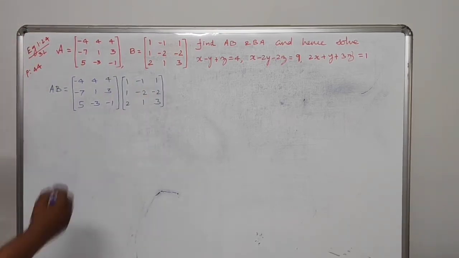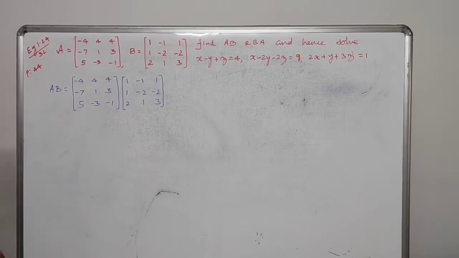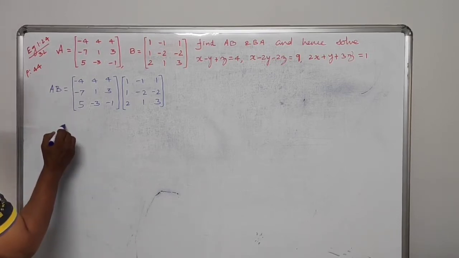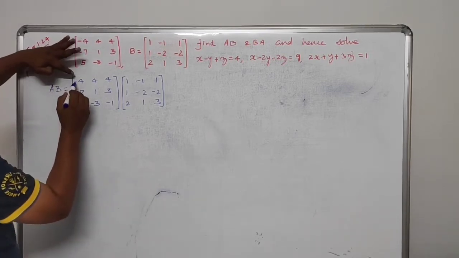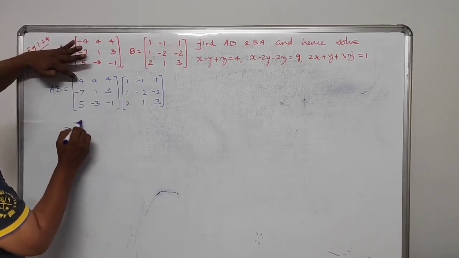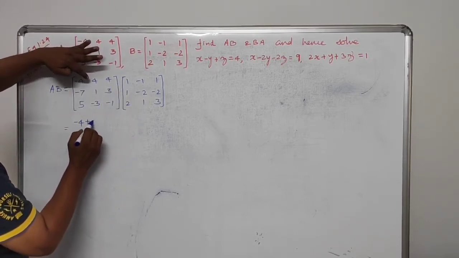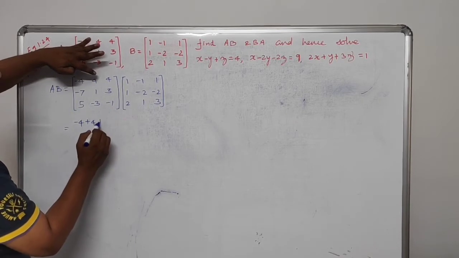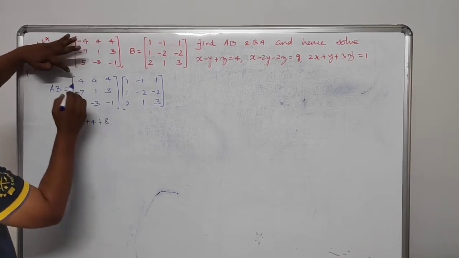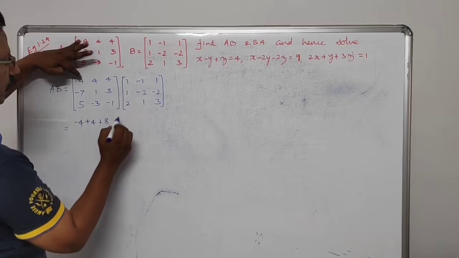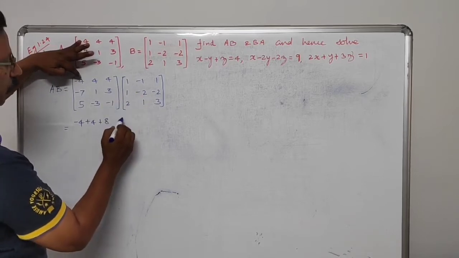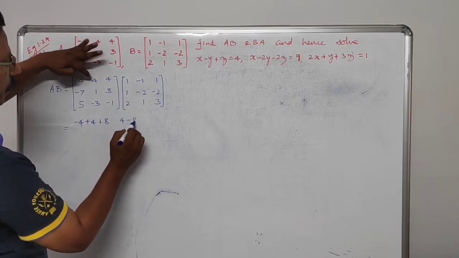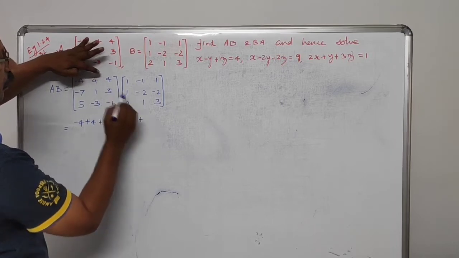Now again you can go for the row by column method. First multiply: minus 4, plus 4, plus 4 twos are 8. Again row by column: minus 4 into minus 1 equals 4, then minus 8, then plus 4.